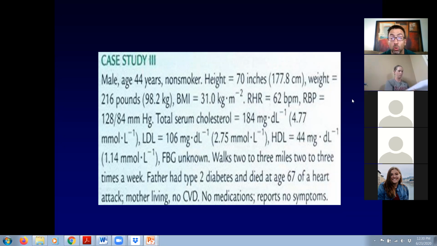So at the least, he's got 2 risk factors. Depending upon what we do with being sedentary, he might have 3. If he's got 2, what would that make him? Moderate risk. Good. If he's got 3, what would that make him? He would still be moderate.